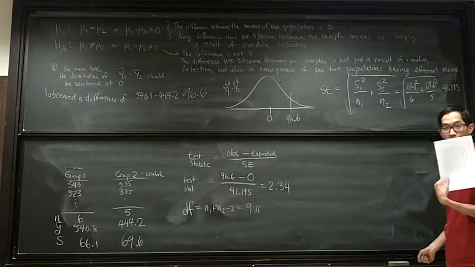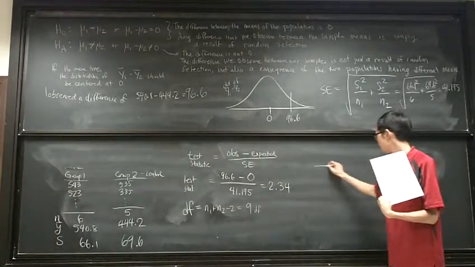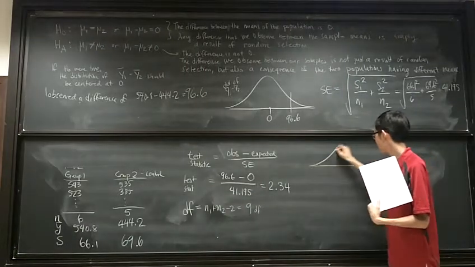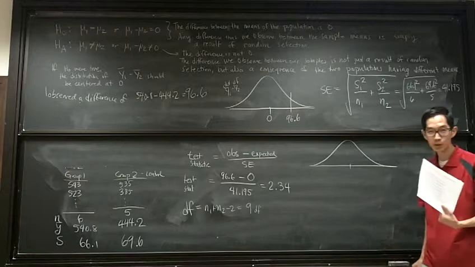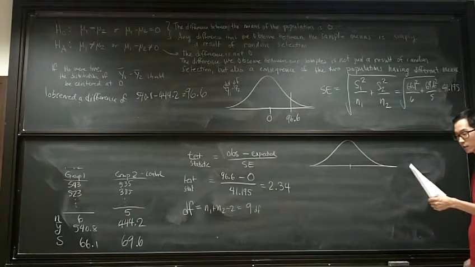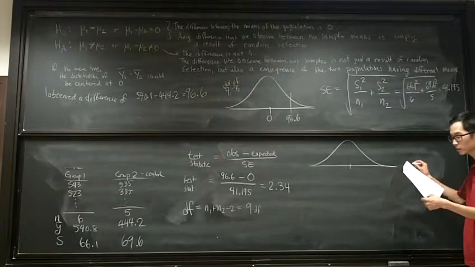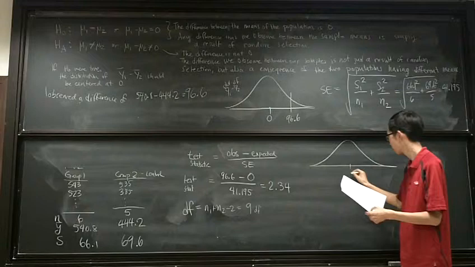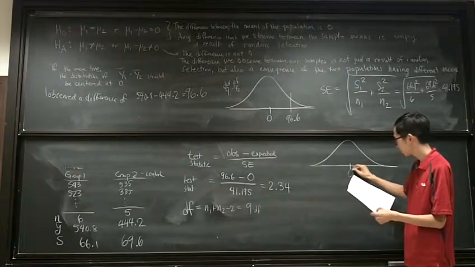And this is how the t table works. The way the t table works is different from the normal table. Let's say we look at 9 degrees of freedom. Let's go to that row, 9 degrees of freedom. The t distribution is always centered at 0.